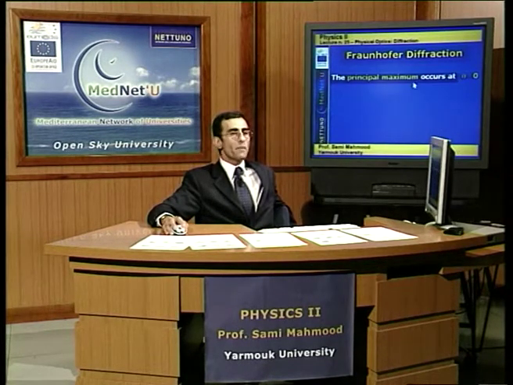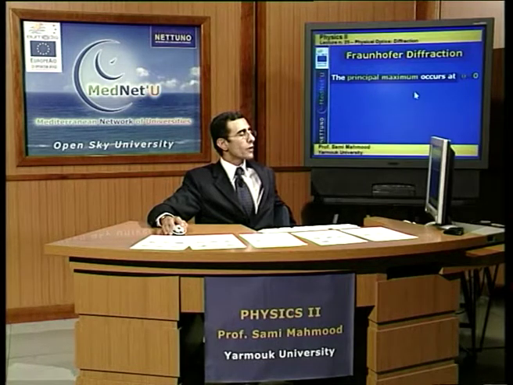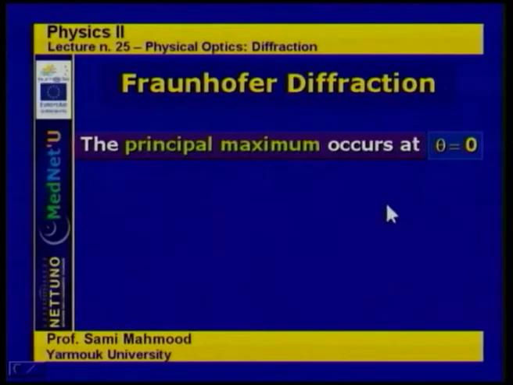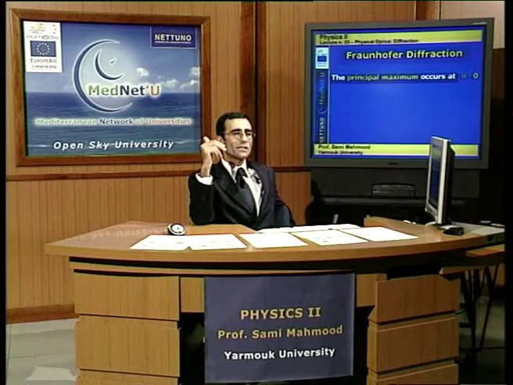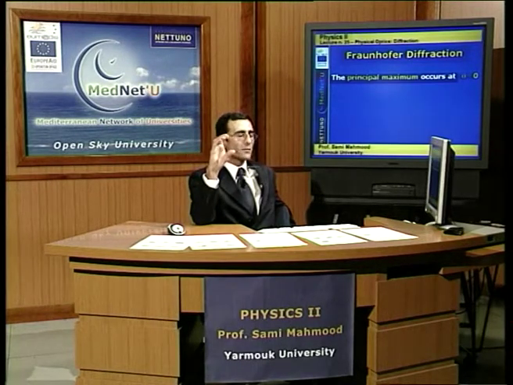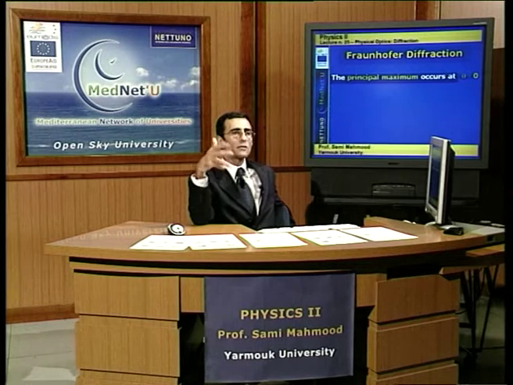Now, the principal maximum, as we said, occurs at theta equals 0, with an intensity equal to I naught. This can be seen if you look at the intensity equation. You can't simply put theta equals 0, because you will get 0 in the numerator and 0 in the denominator, and you cannot divide 0 by 0. In order to evaluate that quantity, you have to apply L'Hopital's theorem.